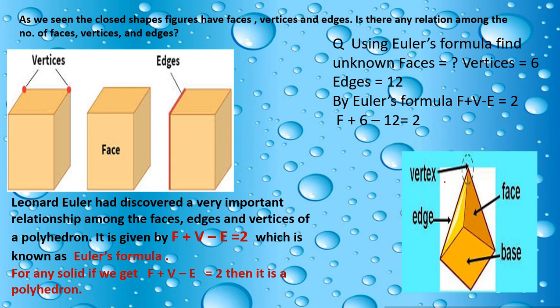So we put the value of vertices as 6 and edges as 12, and we get f plus 6 minus 12 is equal to 2. Now f minus 6 is equal to 2, as 6 minus 12 is minus 6. So this minus 6 will transpose to the right hand side, and we get 2 plus 6. So here f is equal to 8. That means the given solid is a polyhedron where the number of faces is 8.